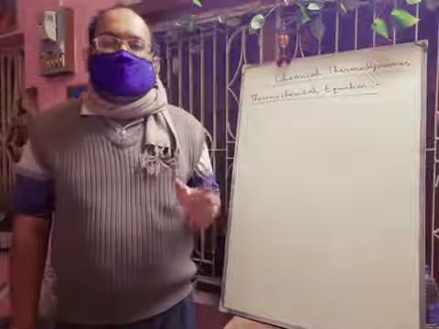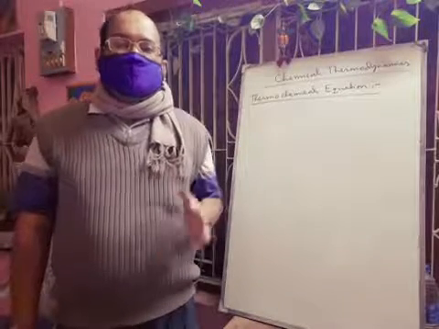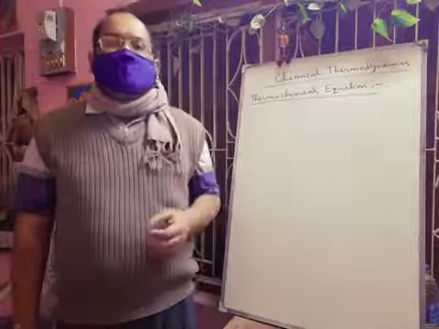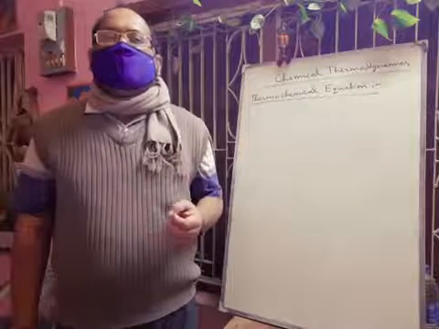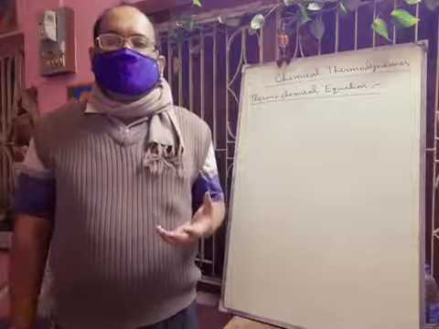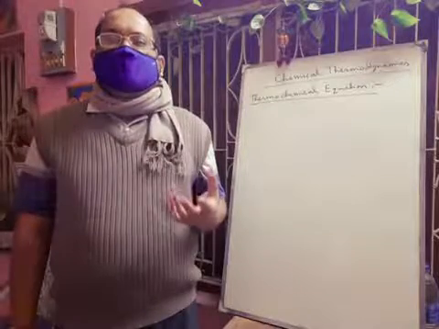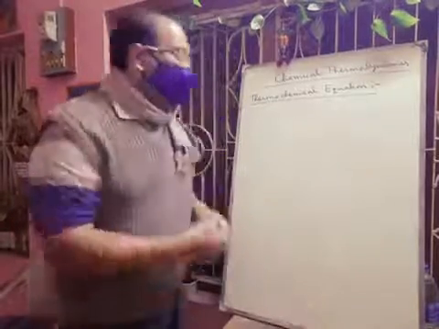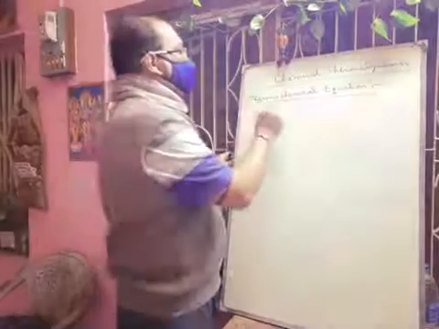Generally, we know that two types of reaction are there. One is exothermic reaction where heat is produced, and another is endothermic reaction where heat is absorbed. In exothermic reaction, delta RH is negative.